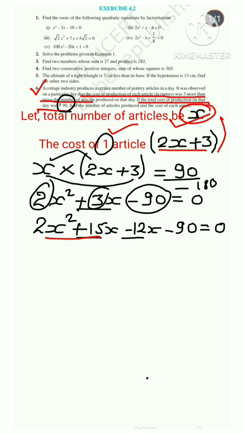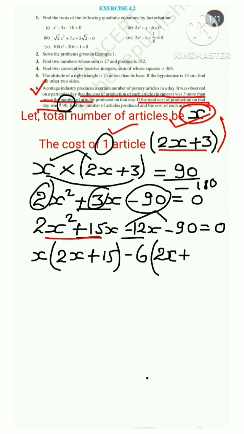Now from this pair we can extract x as common, and here remains 2x plus 15. And from the other pair, minus 12x minus 90, we can take minus 6 as common, and here remains 2x plus 15, equal to 0.